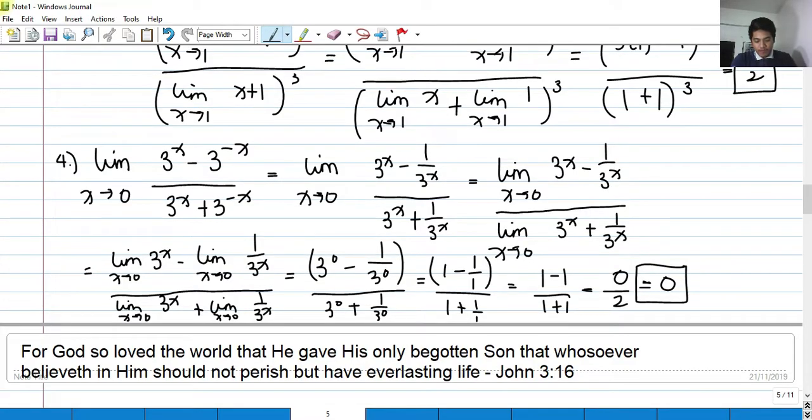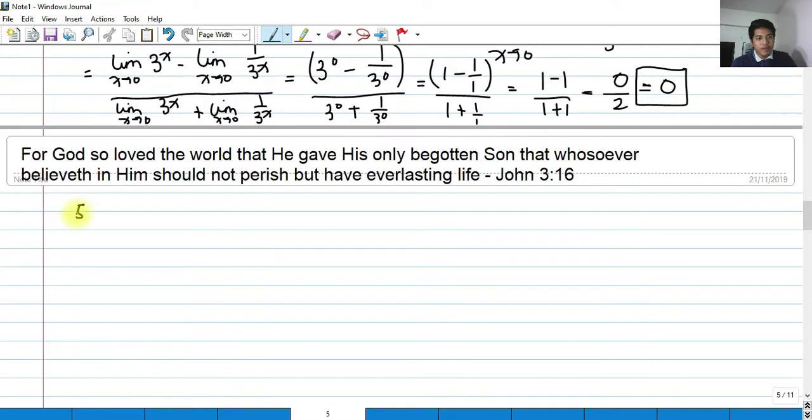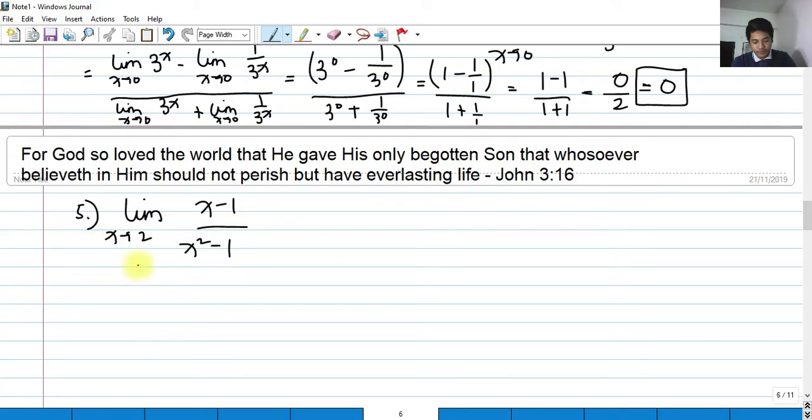And for number 5, we have the limit of x minus 1 over x squared minus 1 as x approaches 2. The only problem here, again, is that we should not get a 0 denominator upon evaluating the limit. So we can distribute the limit: the limit of x minus 1 as x approaches 2, divided by the limit of x squared minus 1 as x approaches 2.